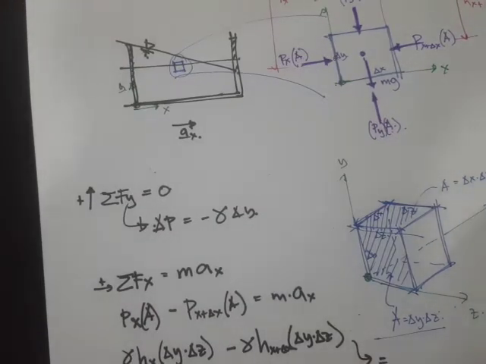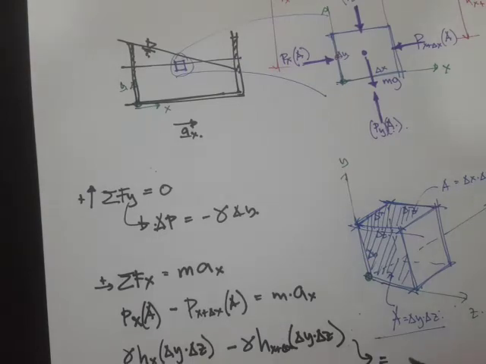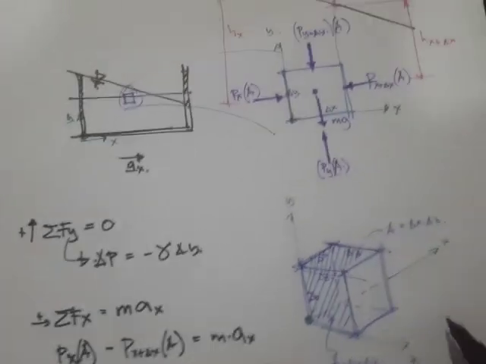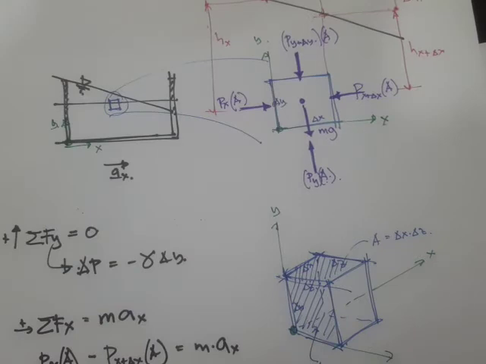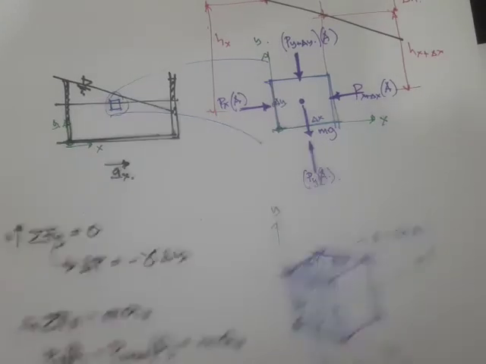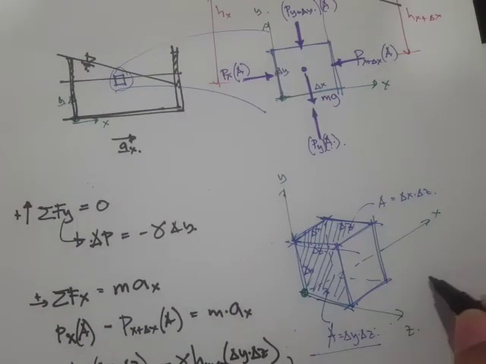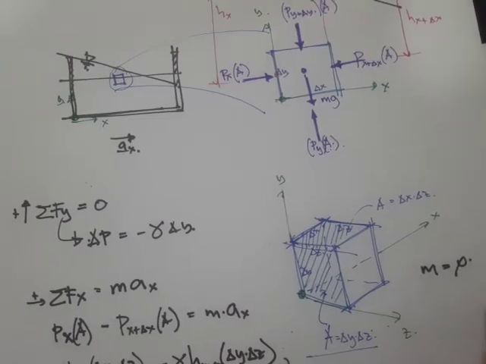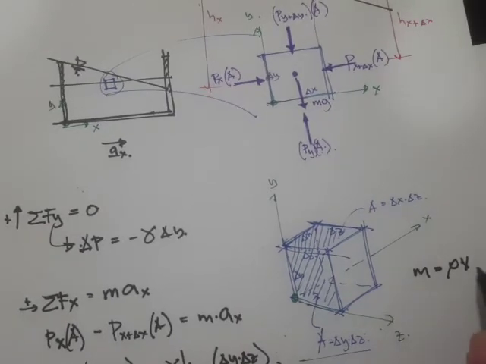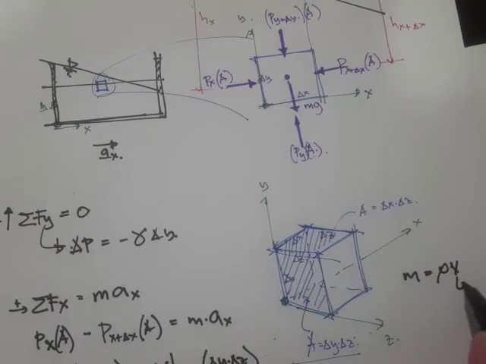It's equal to the mass. Recall that mass is simply the density times the volume, and our volume is just delta x times delta y times delta z.